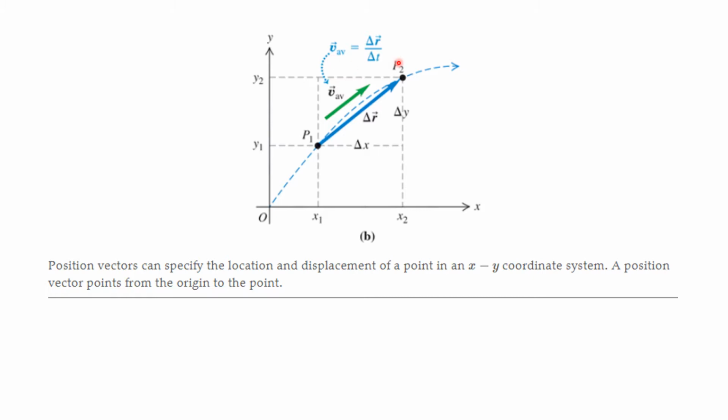So the average velocity is the change in position vector divided by the change in time, and this of course is also a vector. You're going from here to here over a given time, delta t, and there's going to be a y component and an x component of the velocity vector as well.